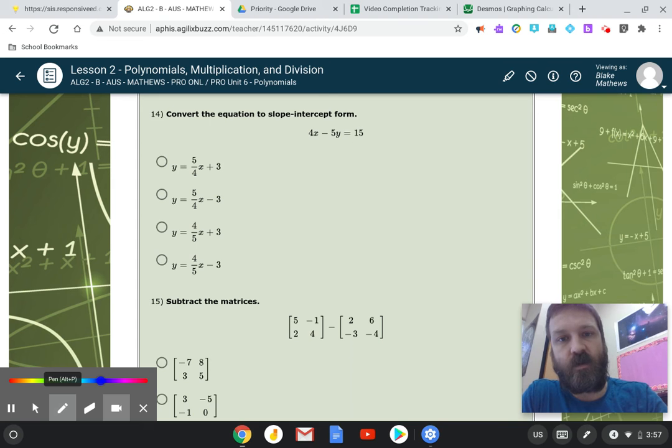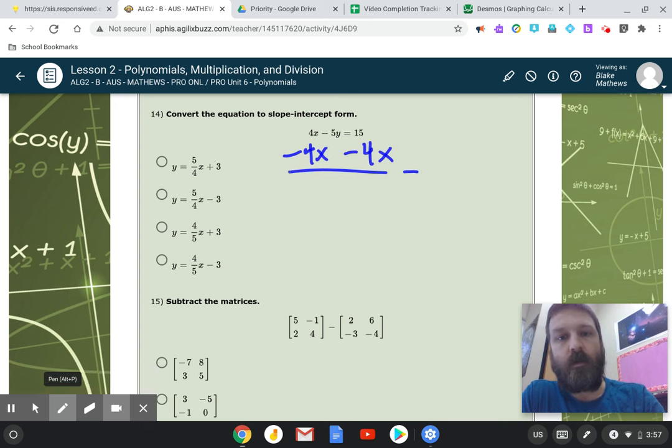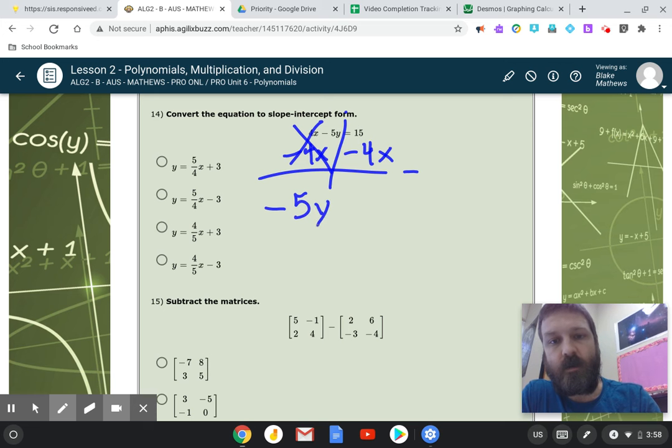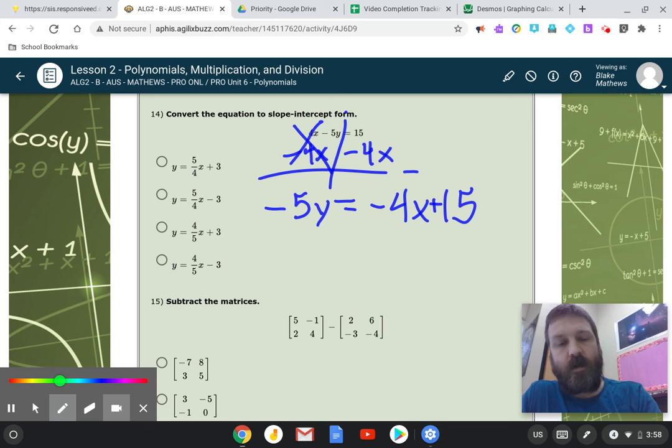You should remember you're just going to move the 4x across the equal sign like this, and that's going to cancel out that 4, leaving me with negative 5y equals negative 4x plus 15. Switch colors here real quick, and then I'm going to divide by negative 5.